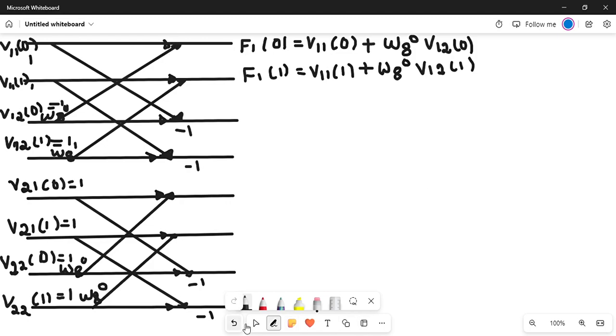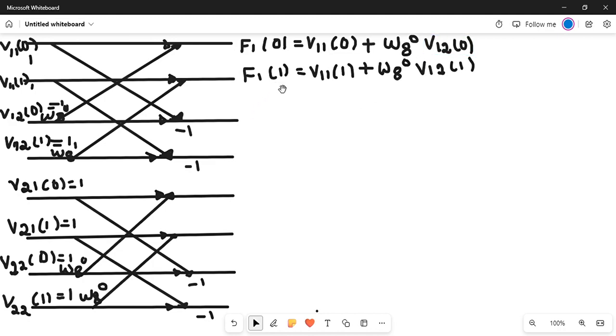So v11 of 0 comes as a straight line. Okay, this is one straight line and here it is v12 of 0, wherein from v12 of 0 you are going to get 1 into omega a to the power of 0. It goes through this diagonal line and joins this line. So that is why I am adding v11 of 0 plus v12 of 0 into omega a to the power of 0, right? That is what I wrote, right?